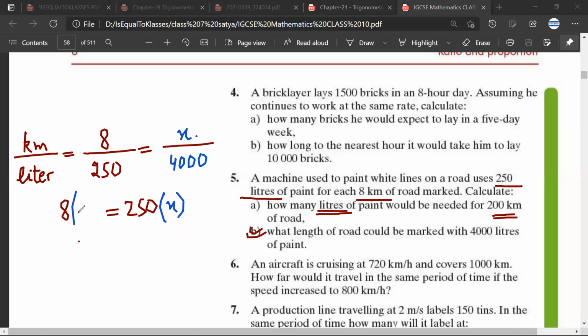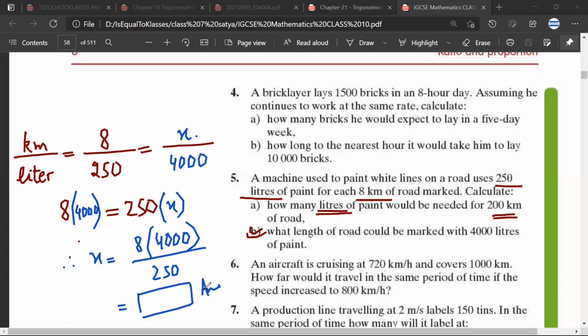So 8 into 4,000 and 250 into x. 250 will come to the left hand side. Satya, any doubt? No, sir.